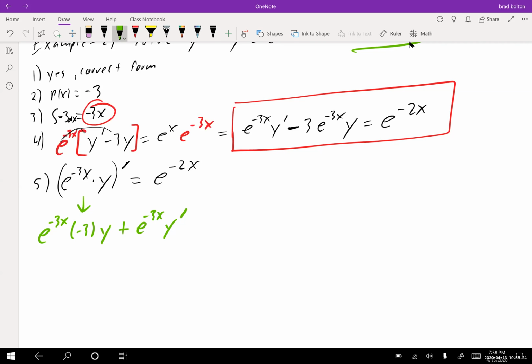Well, if I rewrote this and put this guy over here and this guy over here, this would be e to the -3x y prime minus 3y e to the -3x. Or actually, let me write it cleaner.